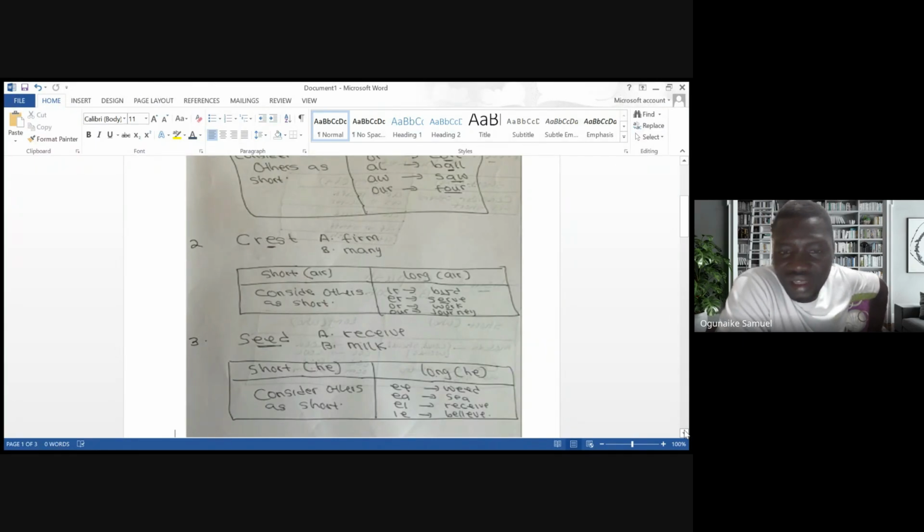Then I look. EI, okay, A has the property of the long. The given word EE has a property of the long. So it is long, long. So the answer must be receive. IL, you see, consider others as short. So IL must be short. EE is in the long, EI is in the long. So the answer is long, long, and the answer to that one is receive.